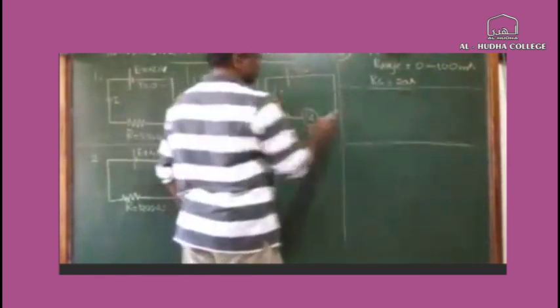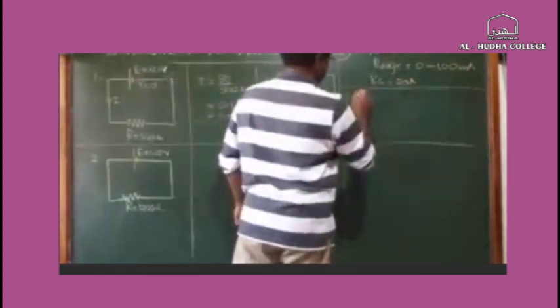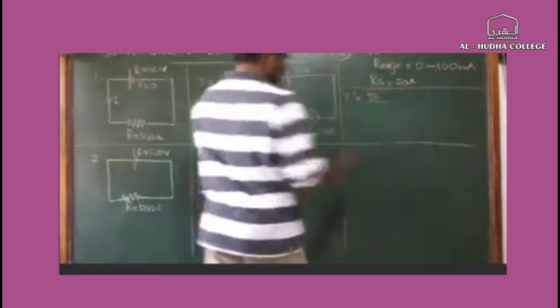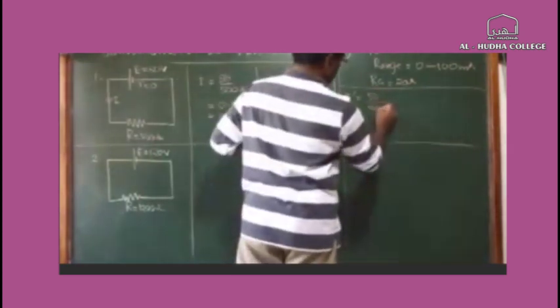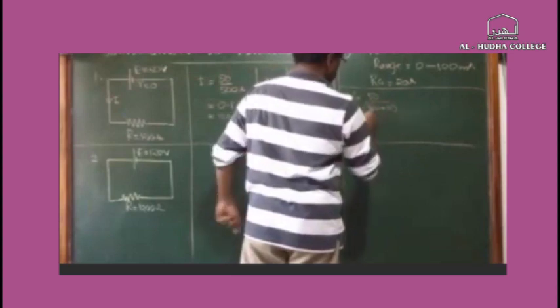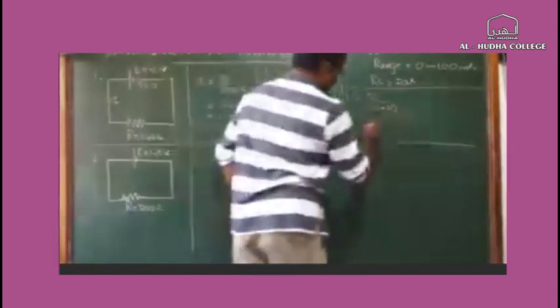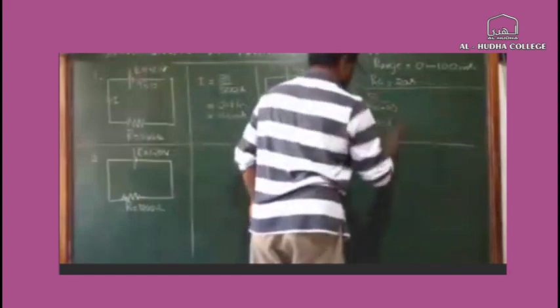The new current, I dash, is 50 divided by 500 plus 20, that is 96 milliamps.